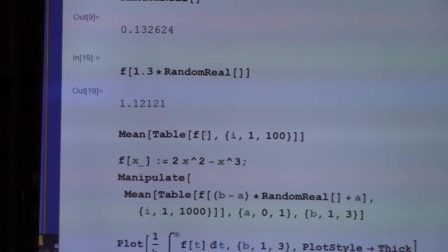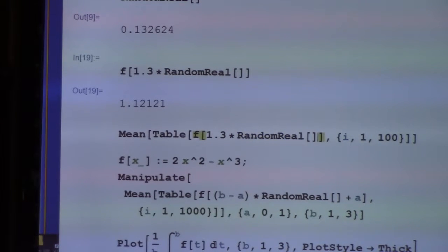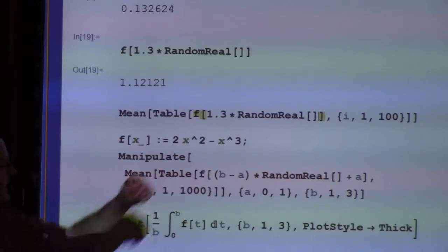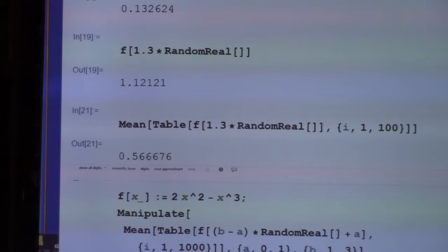So if I plug 1.3 times random real in here and take 100 data values, hopefully it's close to 0.6. Not too far. Do 1,000 data values, it should be closer. Not much closer.